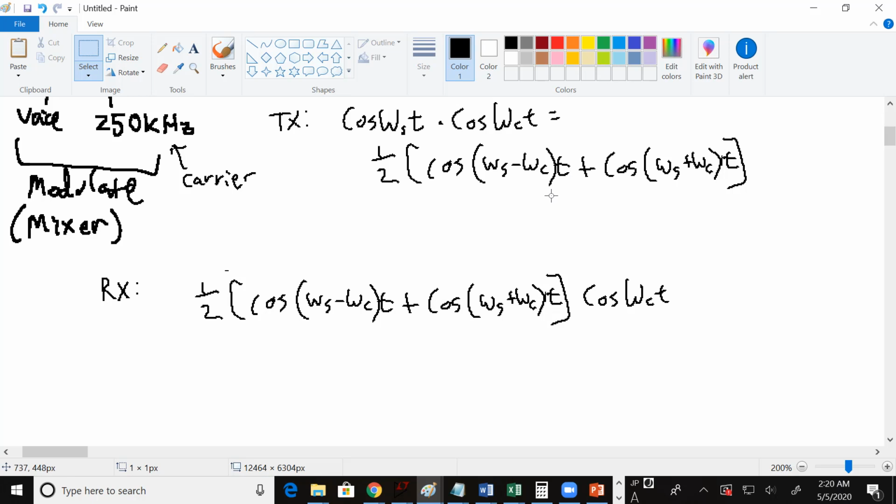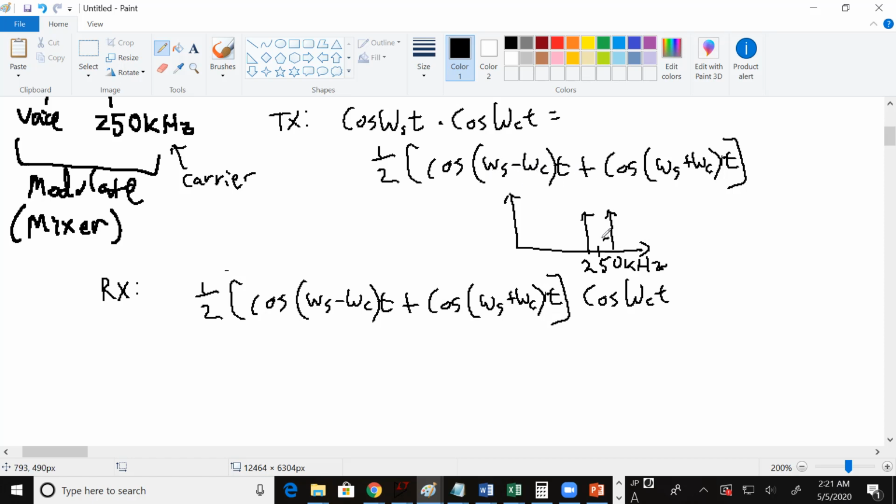Just a comment up here, sorry. When you transmit this signal, what you get is whatever your carrier frequency is, and in our case it was 250 kilohertz. What you get is two signals on either side, and the difference here is the difference between your carrier frequency and your signal.